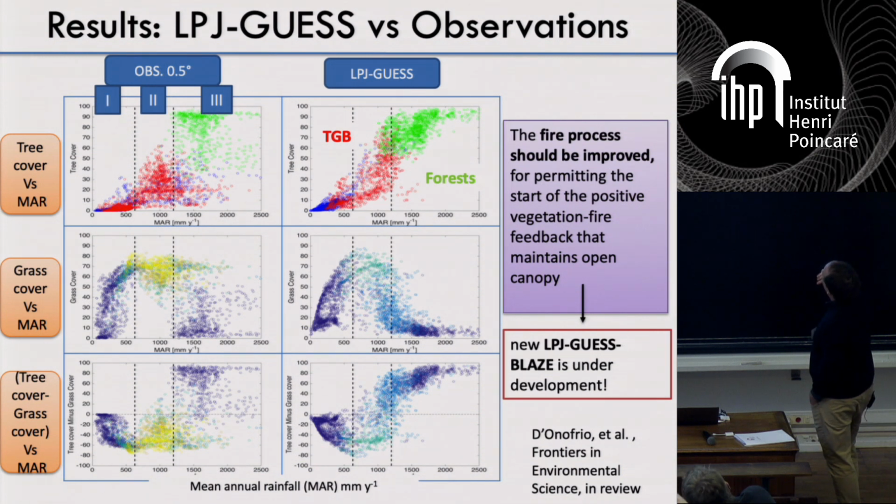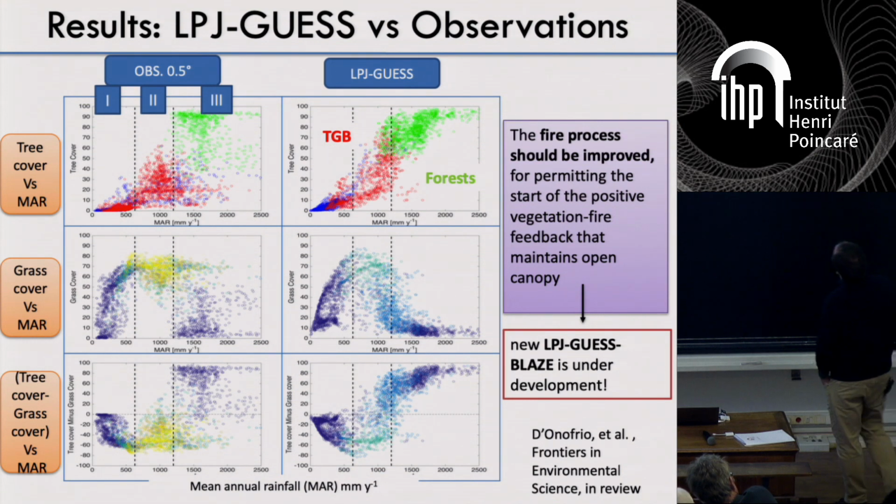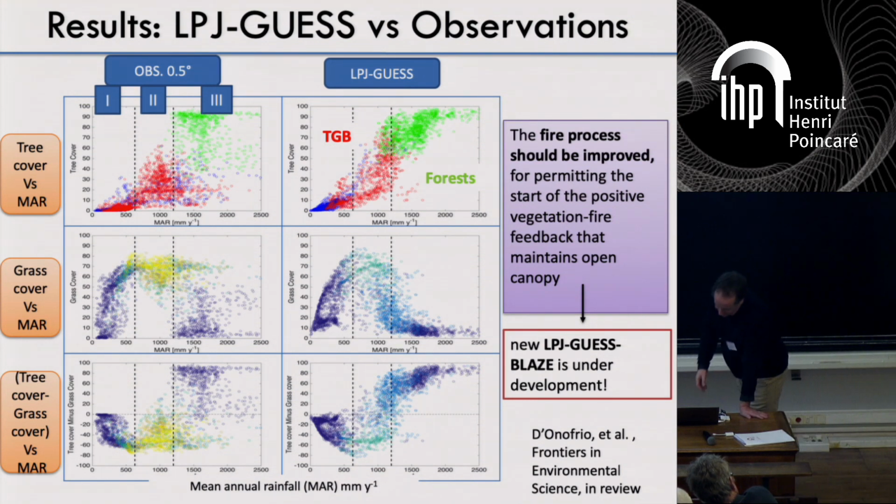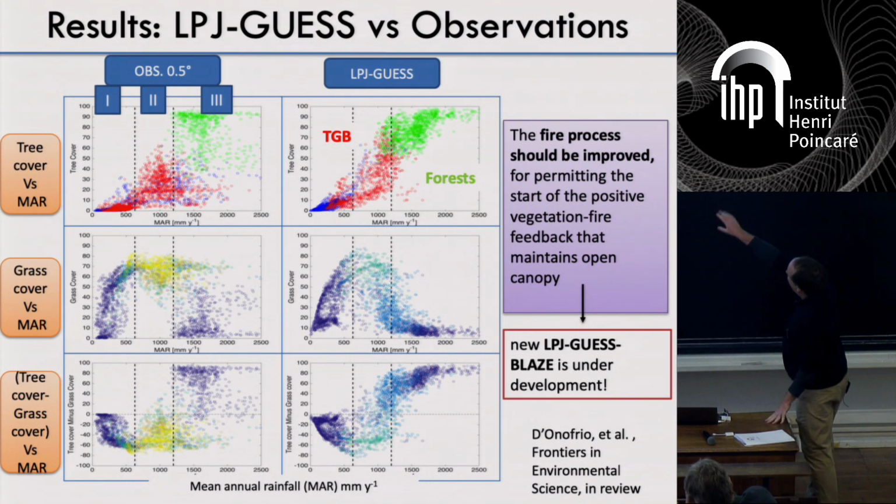So you obviously find some differences, and this is telling you something about how these models are reproducing some of these processes. So for example, for LPJ-GUESS, the conclusion is that the fire process should be improved, because you see that, for example, in this middle picture where we color with the fire frequency, that is very different in the LPJ-GUESS model compared to the observations.